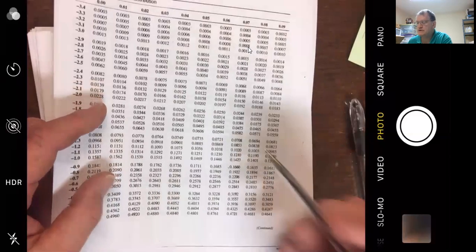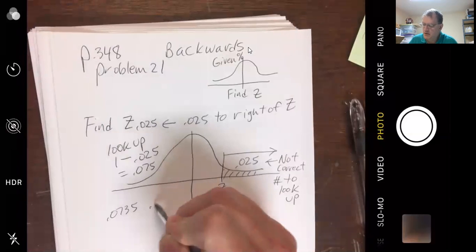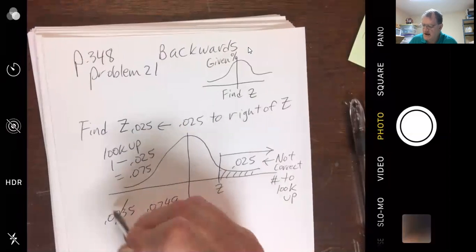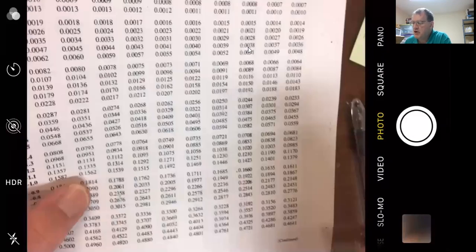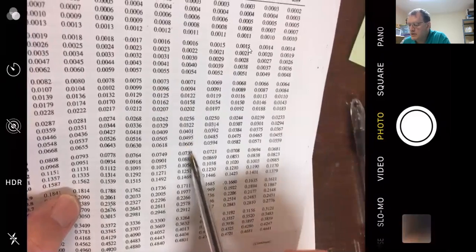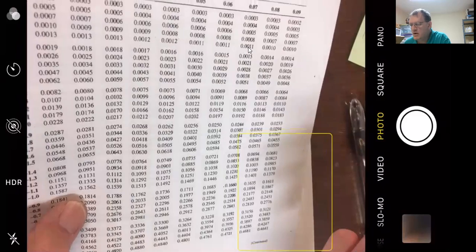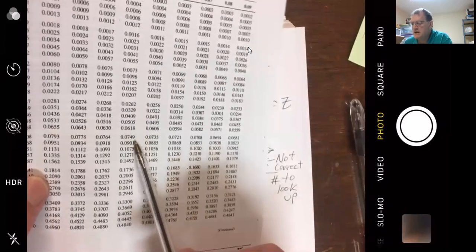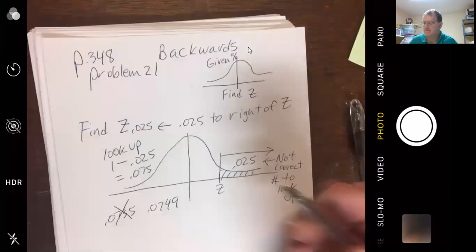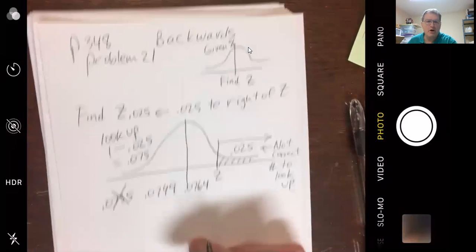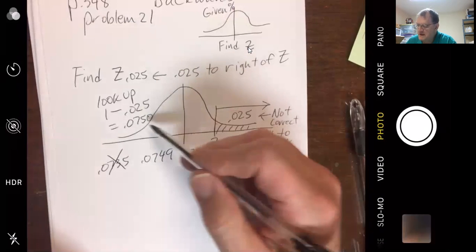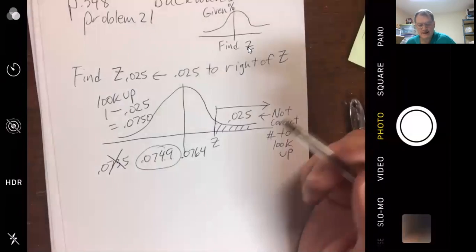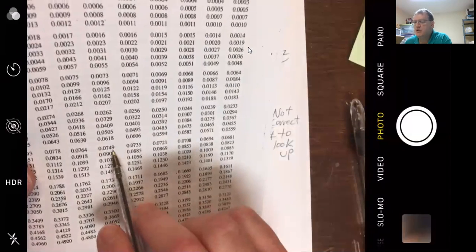I'm still low; 0749 is low, 0764 is higher than that. 50 is between 49 and 64.